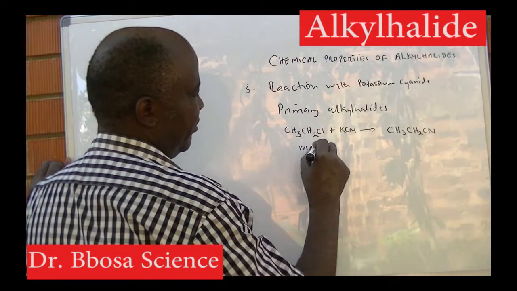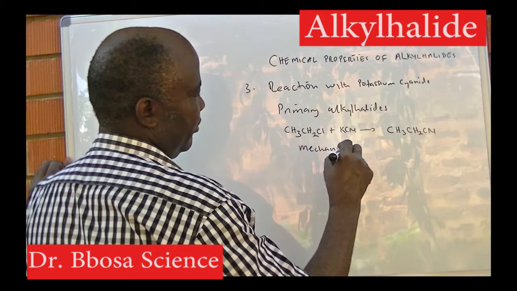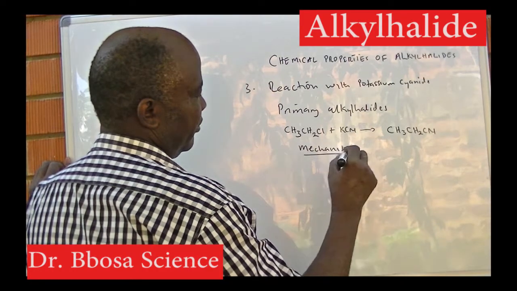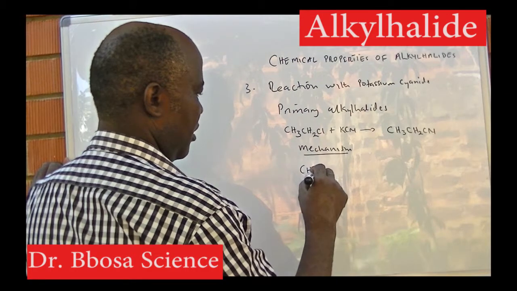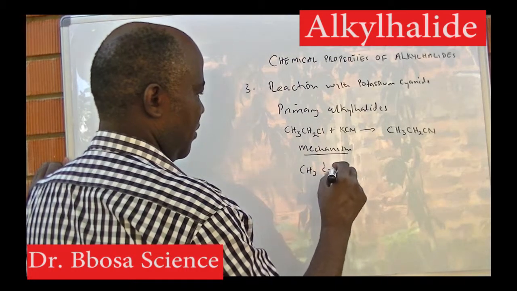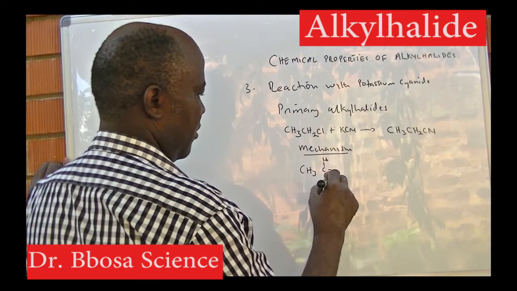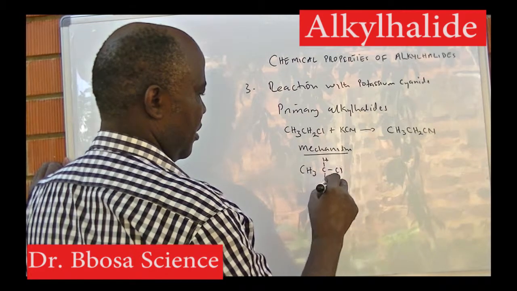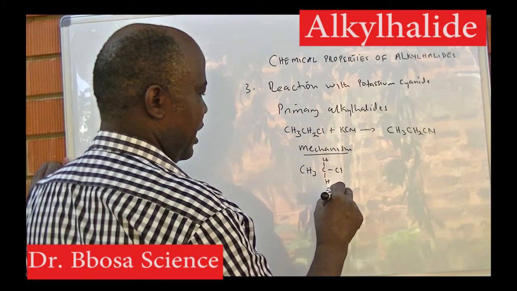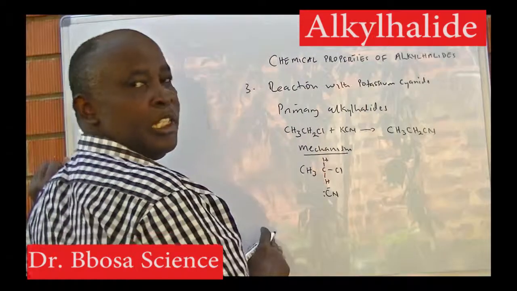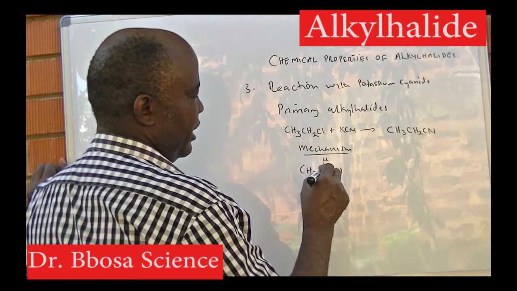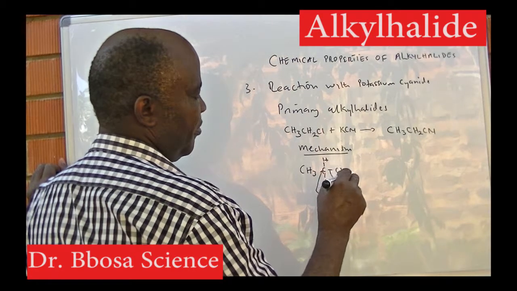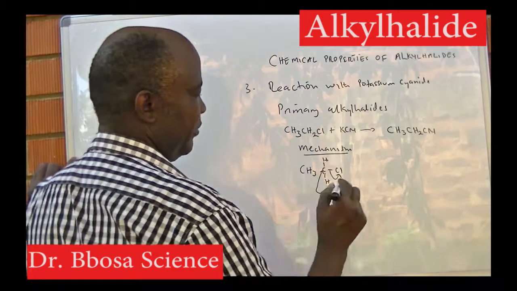Mechanism: the cyanide ion uses a lone pair of electrons to displace a chlorine atom from the carbon.